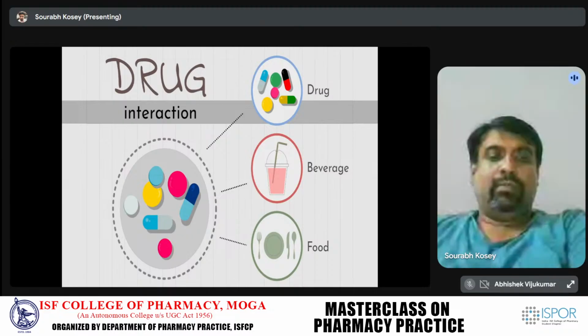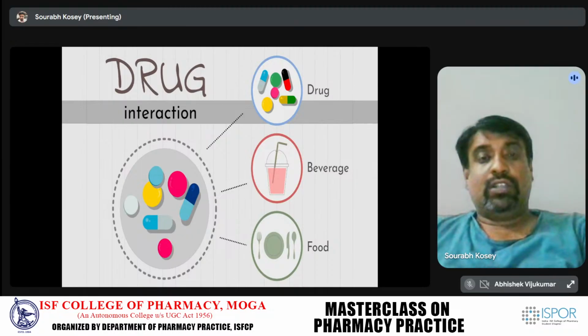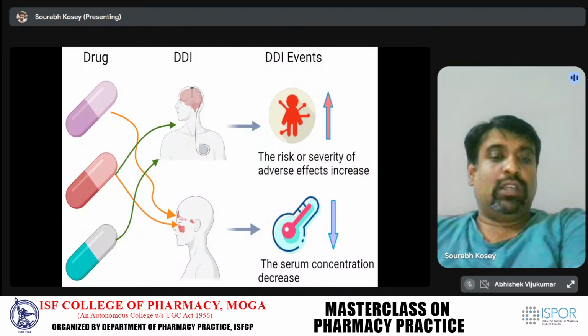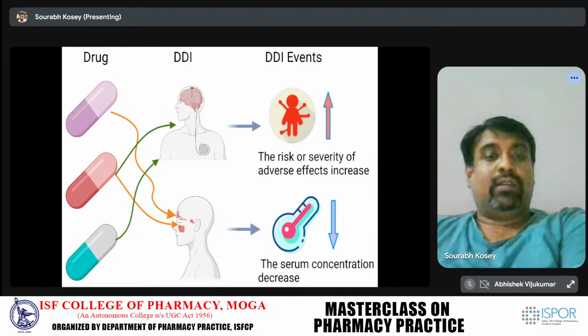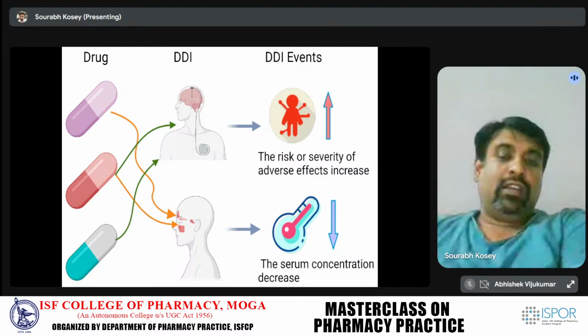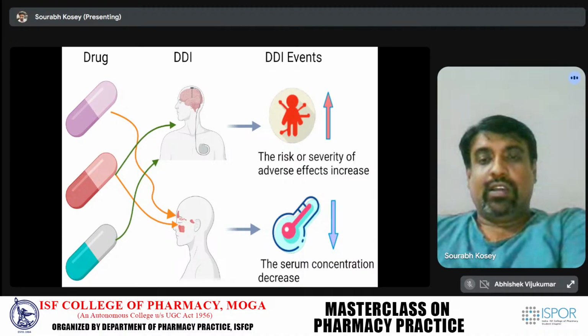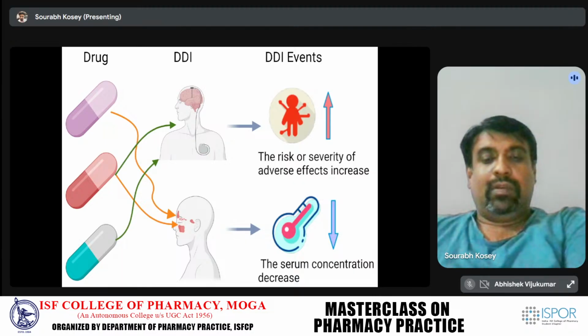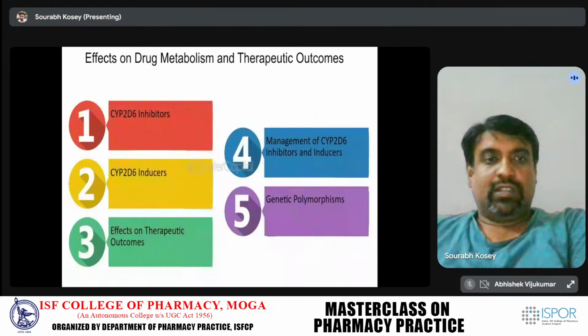So in my view, this drug, which is administered orally, may affect the brain, cardiac system, renal system, and various organ systems of the body, which increases the severity or vitality risk of adverse effects, and the serum concentration sometimes also decreases.